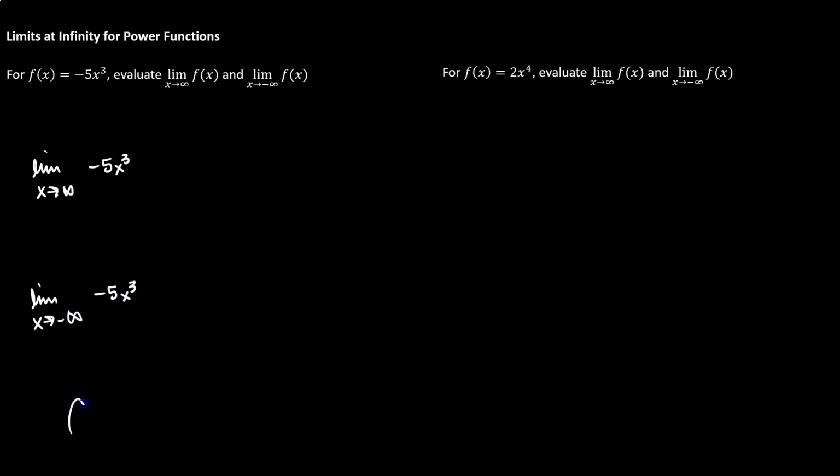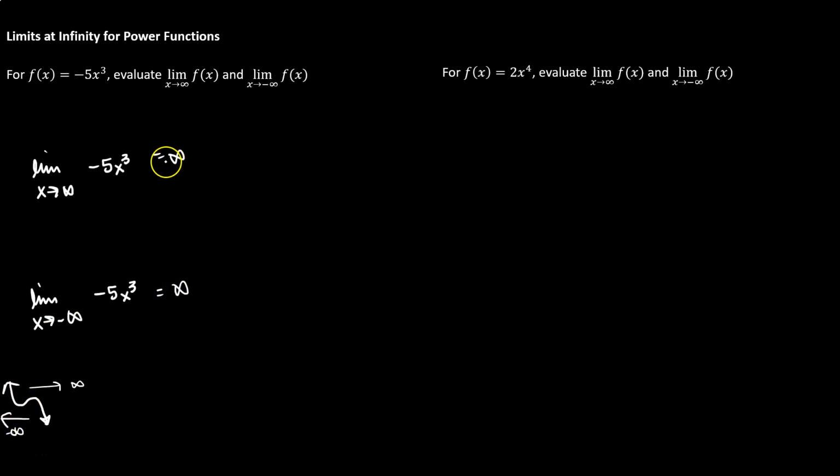Now we know that the x cubed function looks kind of like this, but if we threw a negative on that, this would flip over, so our graph would actually look like this. Which means we know that the limit as x goes to positive infinity is going to go down to negative infinity. And the limit as x goes to negative infinity, the function is going to go up to positive infinity.